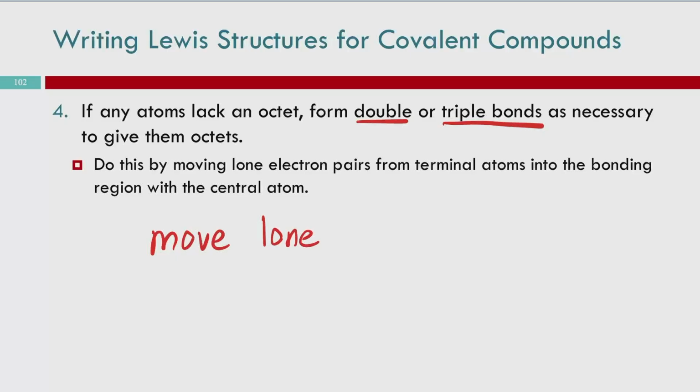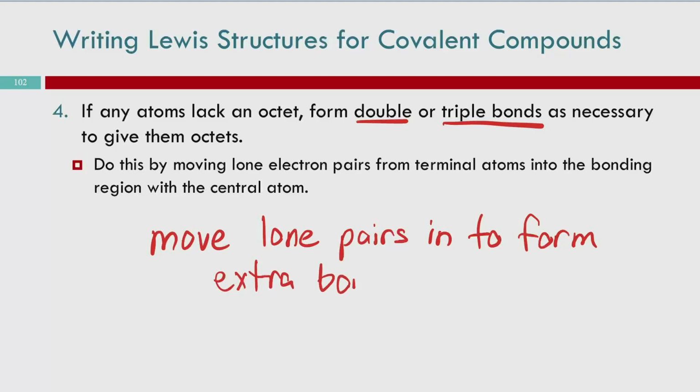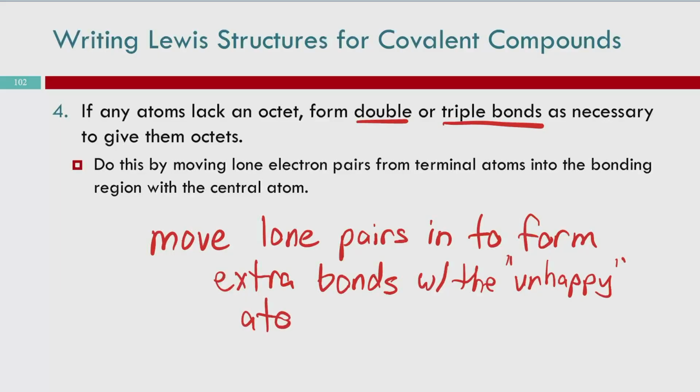So we can move lone pairs in to form extra bonds with the unhappy atoms. So from something that's got an octet, or if we've just got two things, maybe they both contribute a little. This will not always be necessary. We won't always need double or triple bonds, but there will be many such cases.